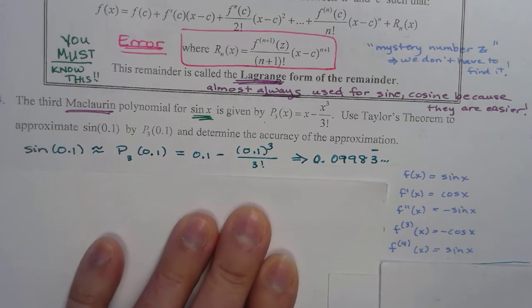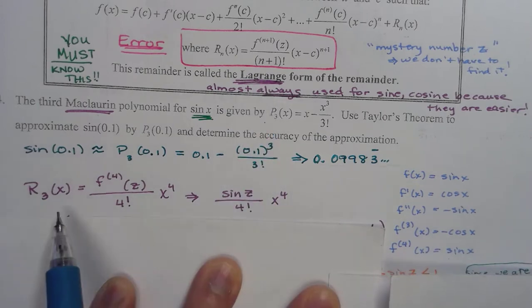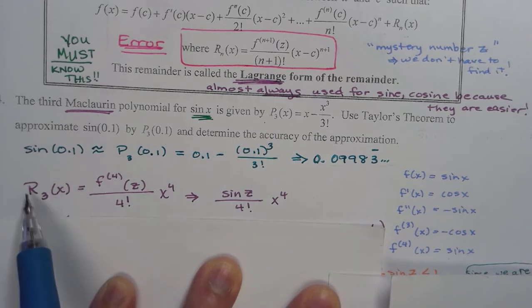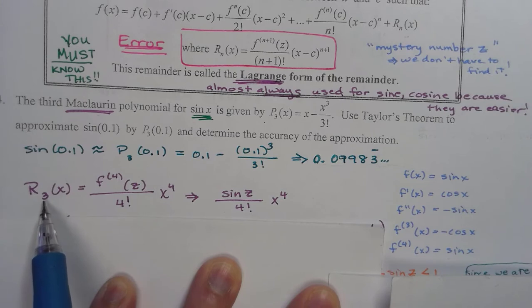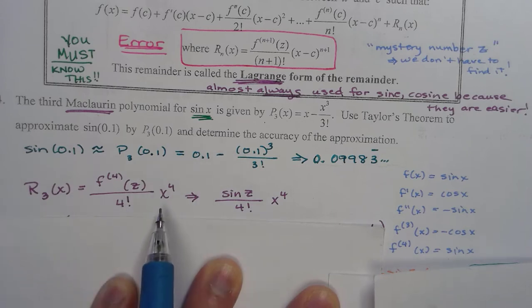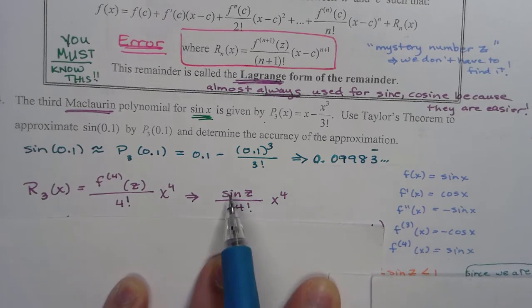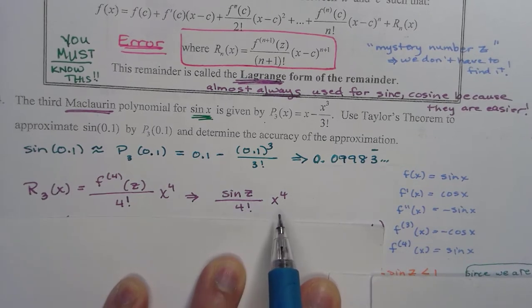So we know that according to this theorem, the remainder after the third derivative term is the fourth derivative evaluated at some mystery number z over 4 factorial times x to the fourth. And we know that our fourth derivative is sine of x. So sine of z over 4 factorial times x to the fourth.